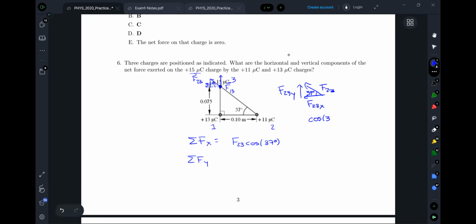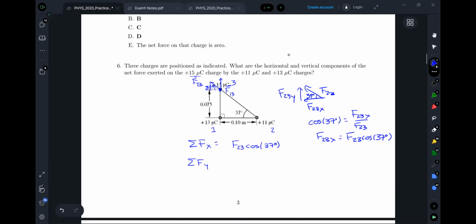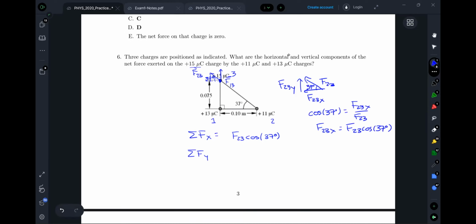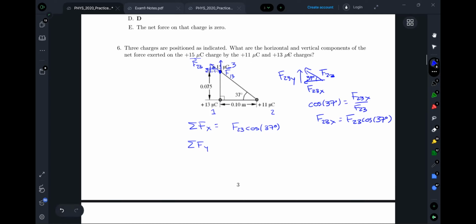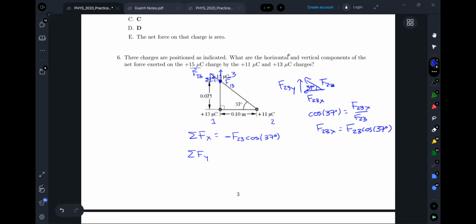So cosine 37 is the adjacent over hypotenuse, or that horizontal component is F23 cosine 37, up to the sign. Because this points to the left, and we're used to calling left the negative direction, I would say that's negative F23 cosine 37. There is no horizontal component from this other force, so that's it in the horizontal.